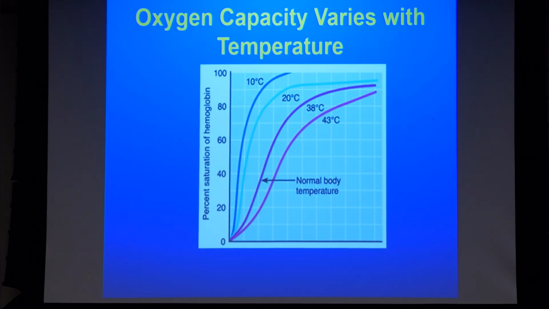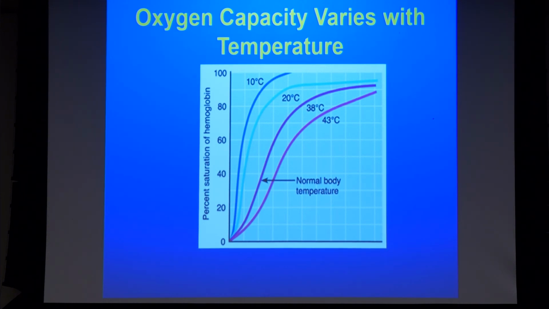You can imagine this out in the tissues. We were exercising and the blood moving through the muscles is a little bit warmer. So what we're going to see here is a rightward shift. If you walk through these curves, and it takes some practice to do this, you find a rightward shift is telling us that for a given partial pressure, you have a lower saturation. So this rightward shift is telling you that the hemoglobin is more likely to relinquish its oxygen.